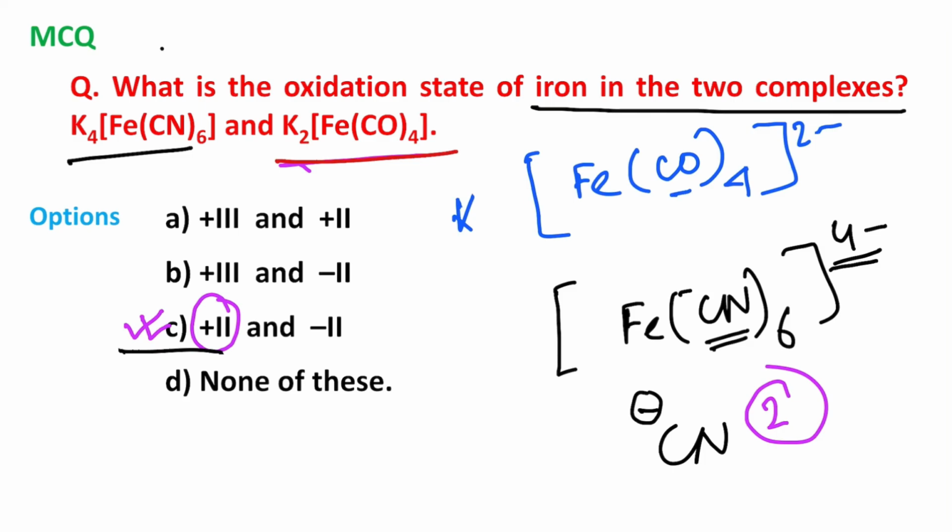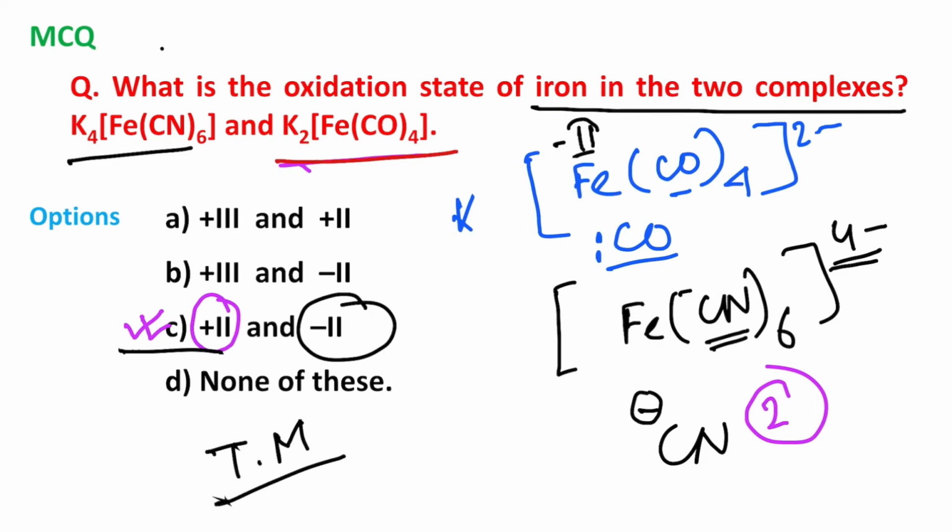Now we know carbon monoxide is a neutral molecule; it can act as a ligand. So what is the oxidation state of iron? -2. I know some people will say, sir, the oxidation state of a metal is -2, is it really possible? Yes, student, it is possible. First of all, iron is a transition metal, point number 1. It has a wide range of oxidation states.